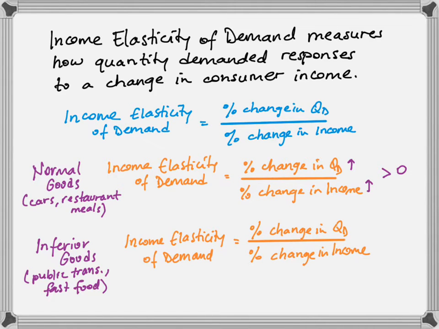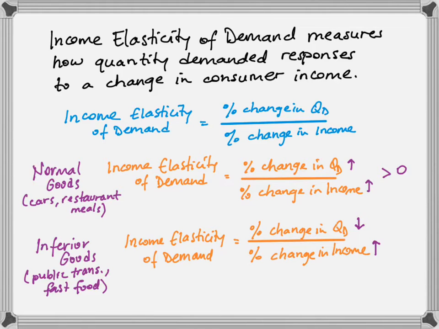And as consumers' income increases, consumers will buy fewer inferior goods, such as public transportation and fast food. In this case, we see that the direction is in the opposite direction. So as income increases, the quantity demanded for inferior goods will decrease.